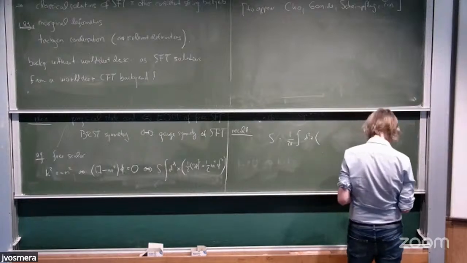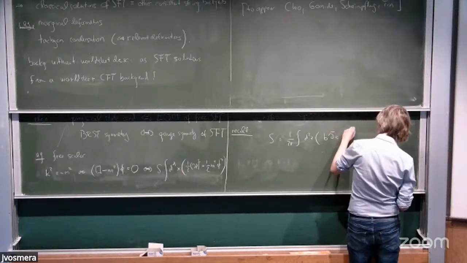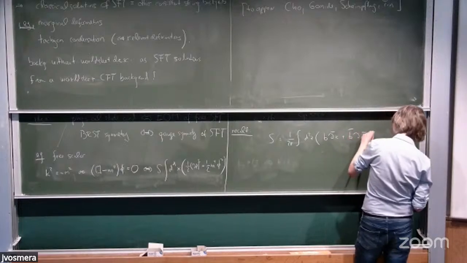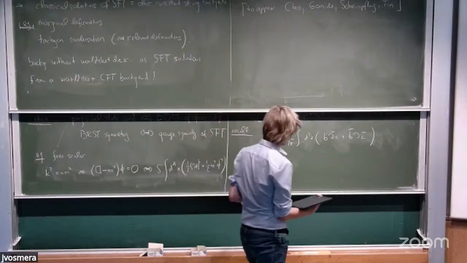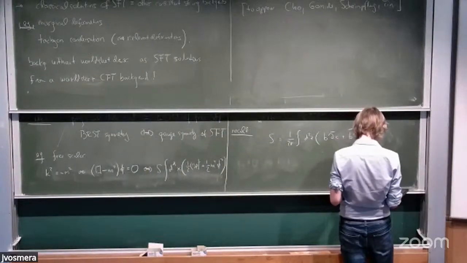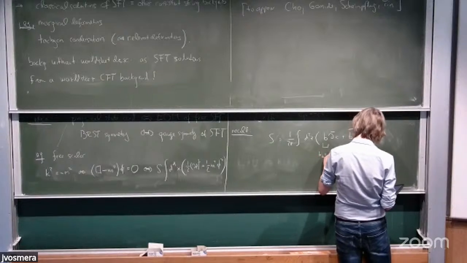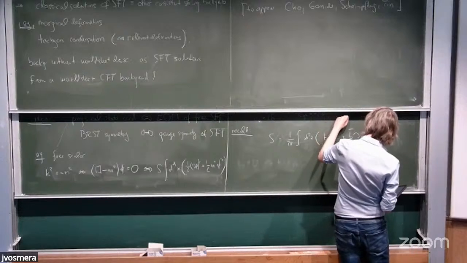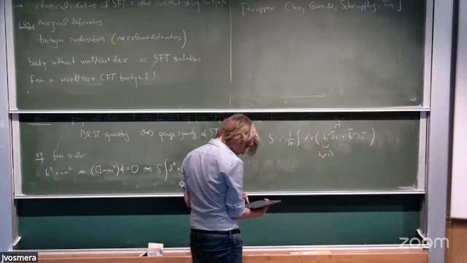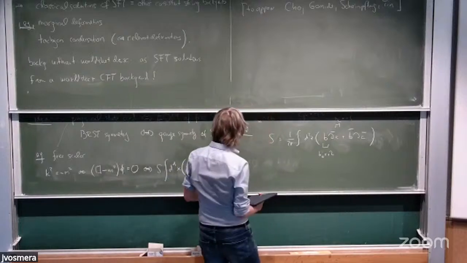The action is as follows: B del bar C plus B bar del C bar, where B and C are fermionic fields with scaling dimension 2 for B and scaling dimension -1 for C. As I was saying, these are Grassmann odd.